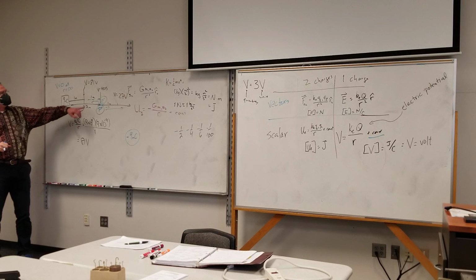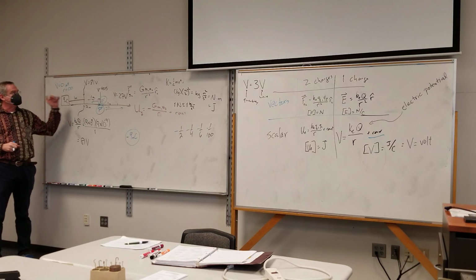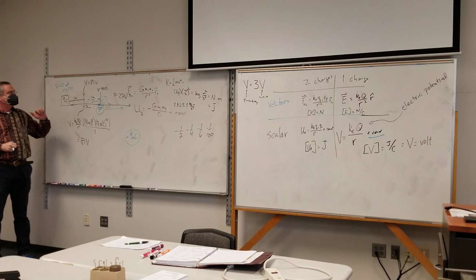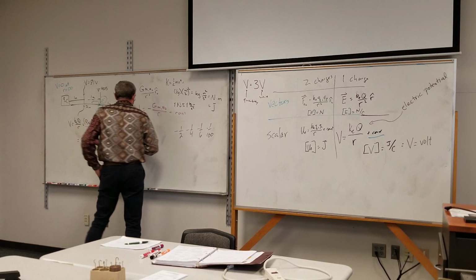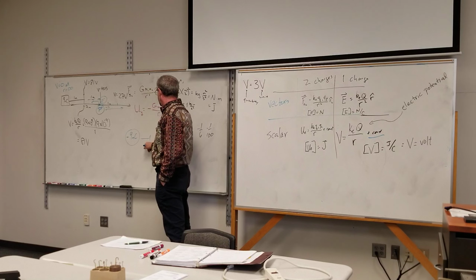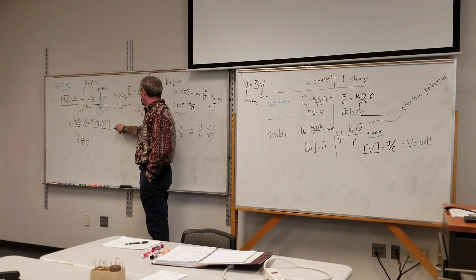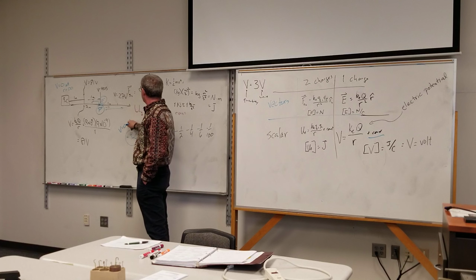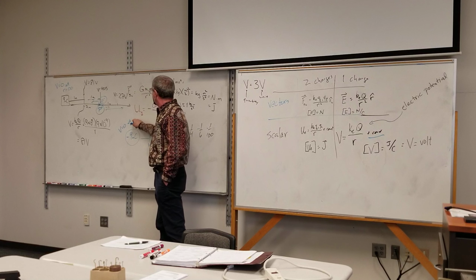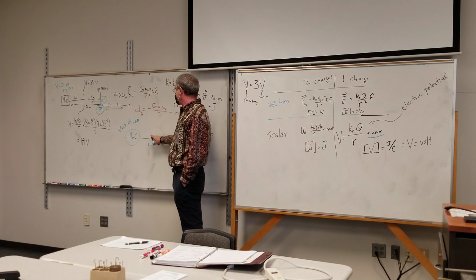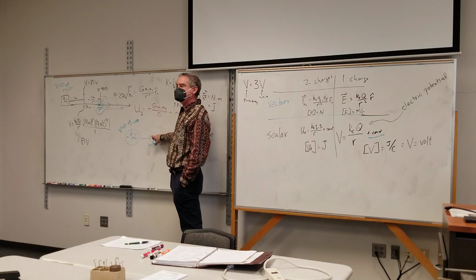All right, so I put my electron right here. We know it's going to go to the left. So I have negative 9 nanocoulombs. If I'm 1 meter away, assuming that V equals 0 at r equals infinity, what's my electric potential here?